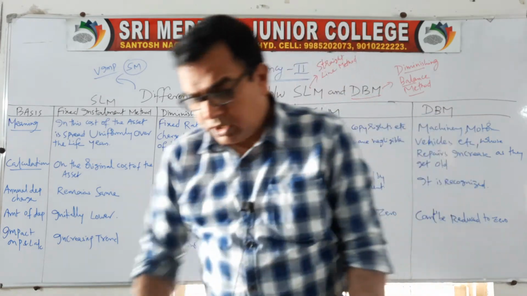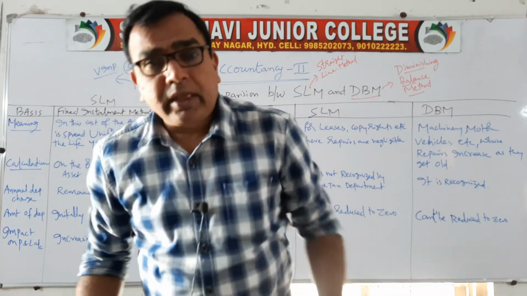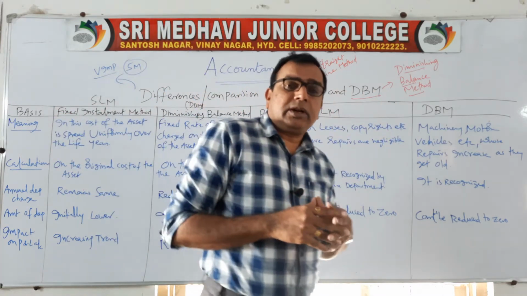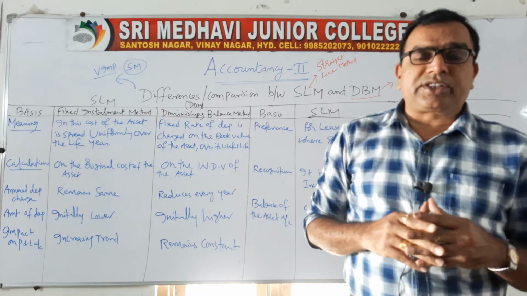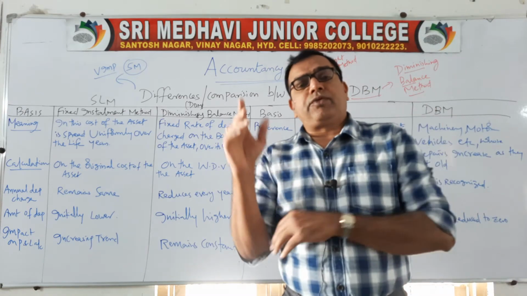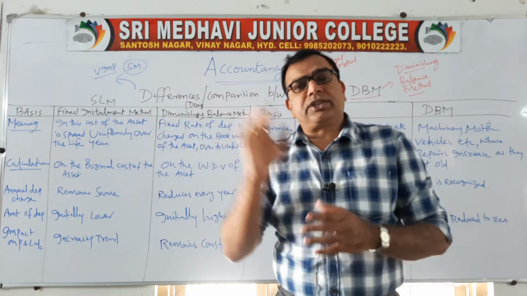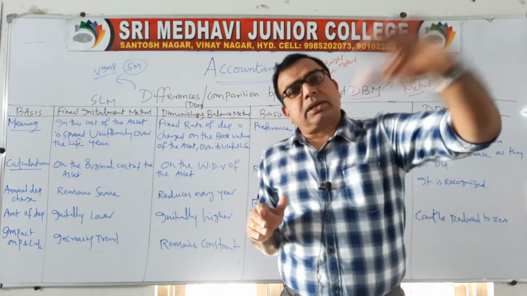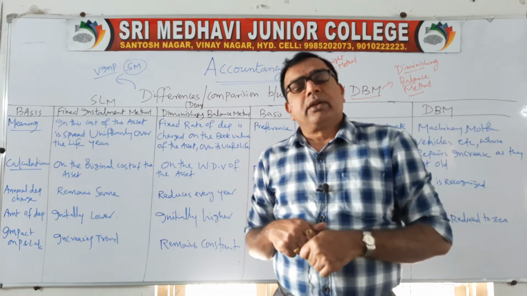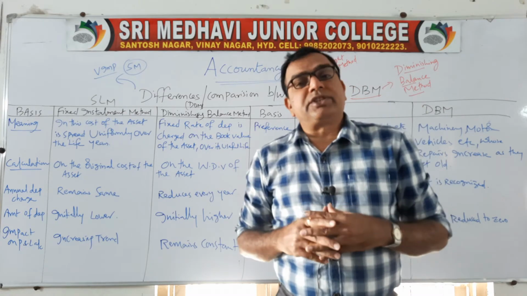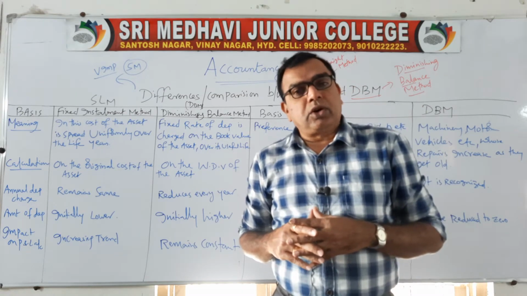So, already you know that under fixed installment method, the annual depreciation is calculated on the original cost of the asset. So, straight away the formula is cost value of the asset into rate by 100, and it remains same all over the years of the lifetime of the asset. If rate of depreciation is not given in the question, what do they give?